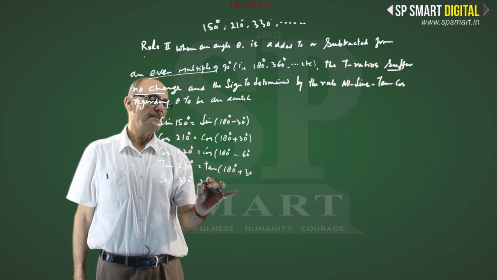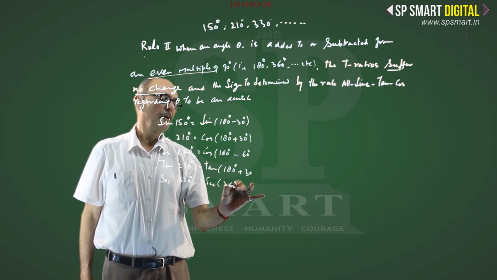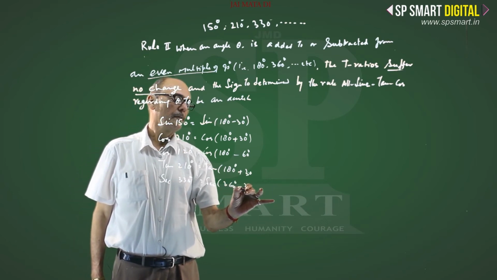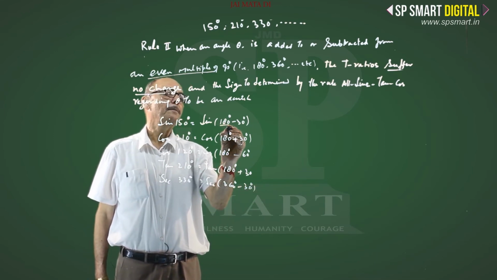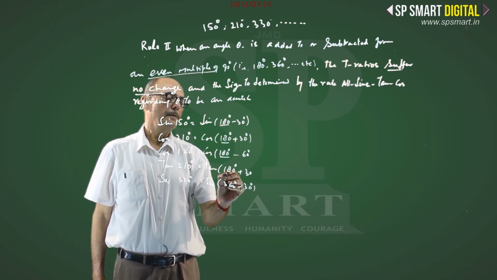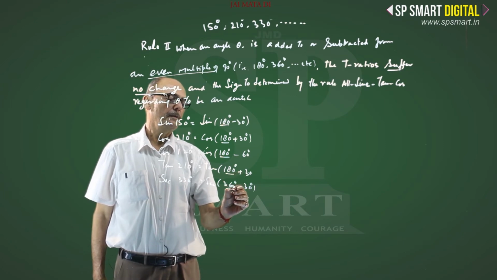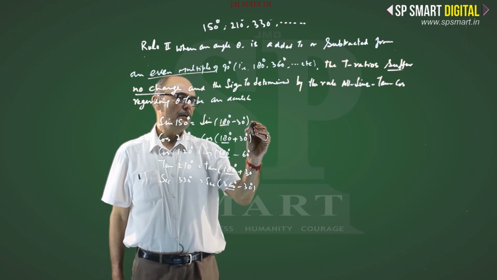This is secant of 360 minus 30. Now, we observe here 180 is an even multiple of 90 degrees. This is also an even multiple of 90 degrees, and so is this one. So, no change in T ratios.